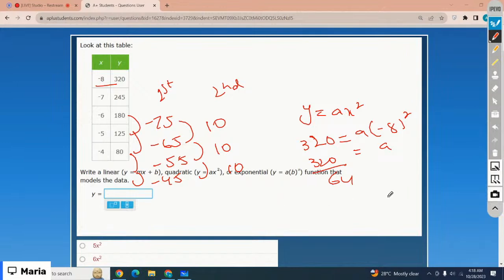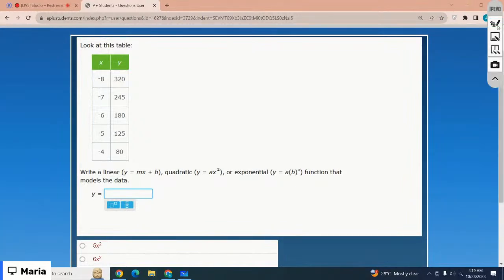The correct option is 5. a equals 5. So the equation is y equals 5x square, right? Got it? Option number 1 is the correct option.